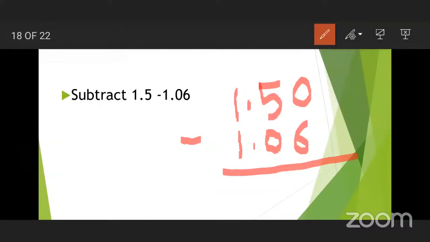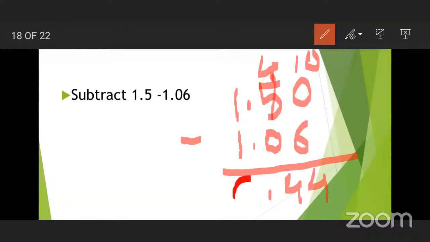Now 0 minus 6. No, borrow it. We borrow from 5, so 0 becomes 10. 10 minus 6 is 4. And 4 minus 0 is 4. 1 minus 1 is 0.